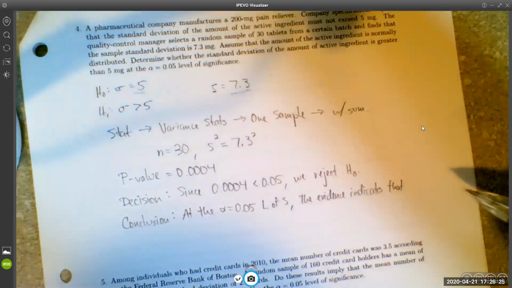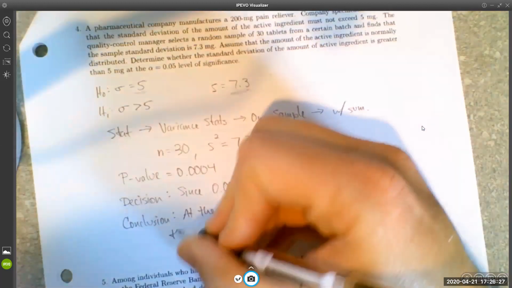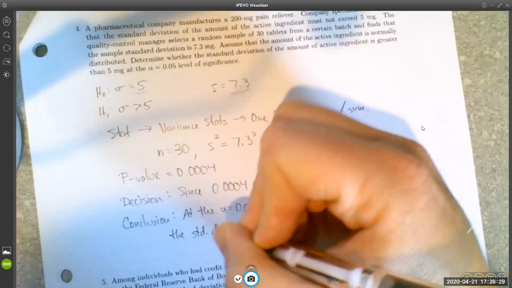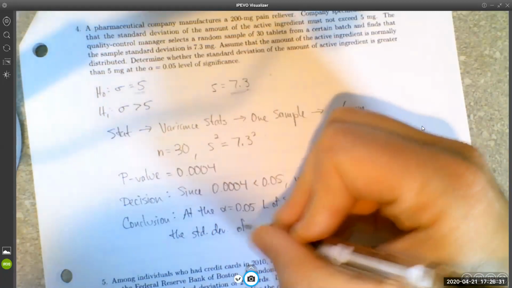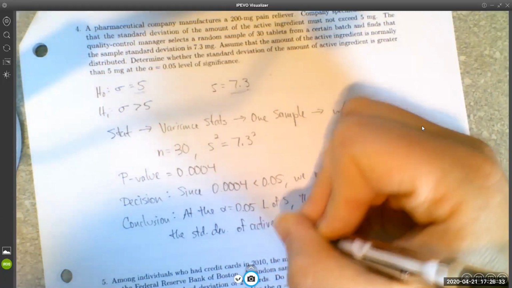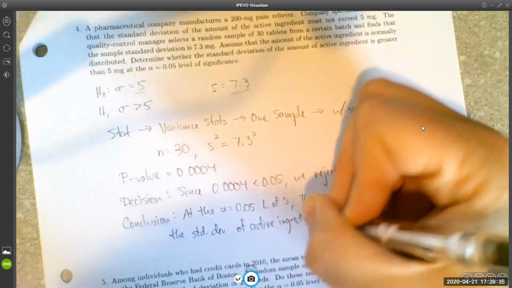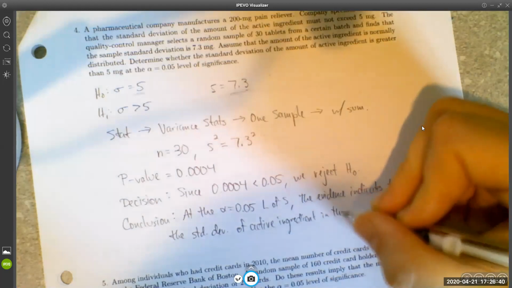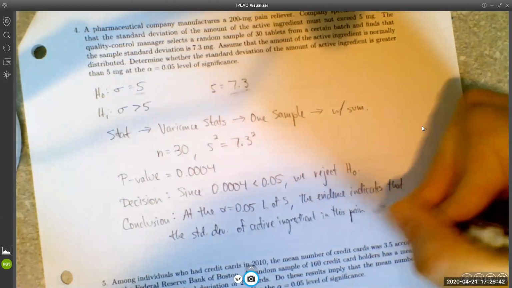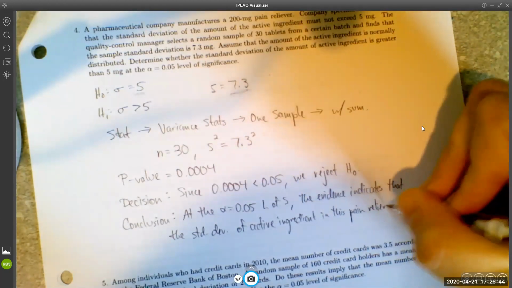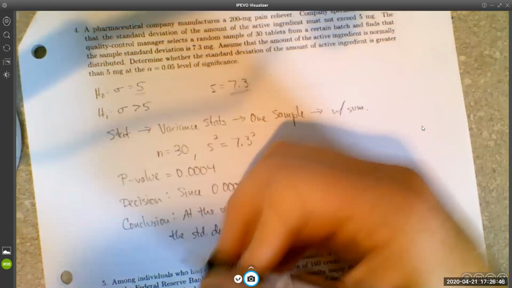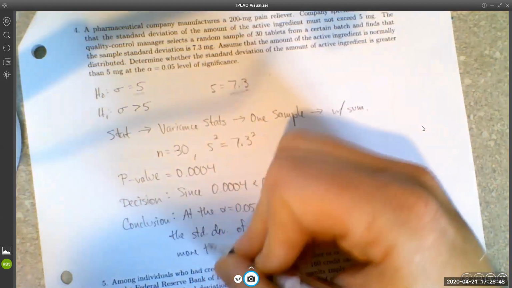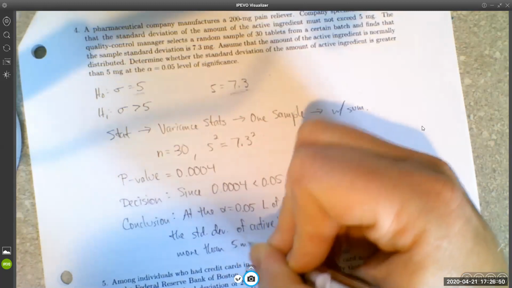So the evidence indicates that the standard deviation of active ingredient in this pain reliever is more than 5 milligrams.